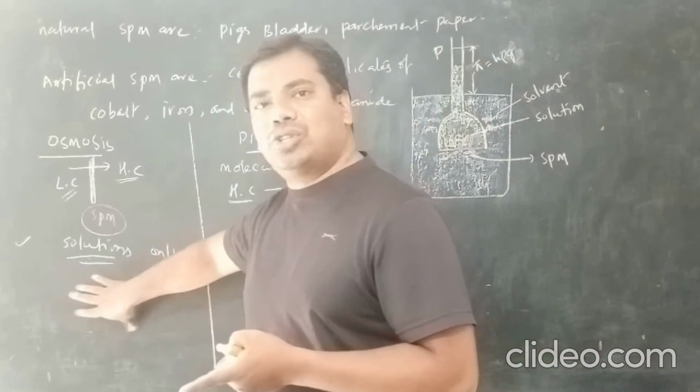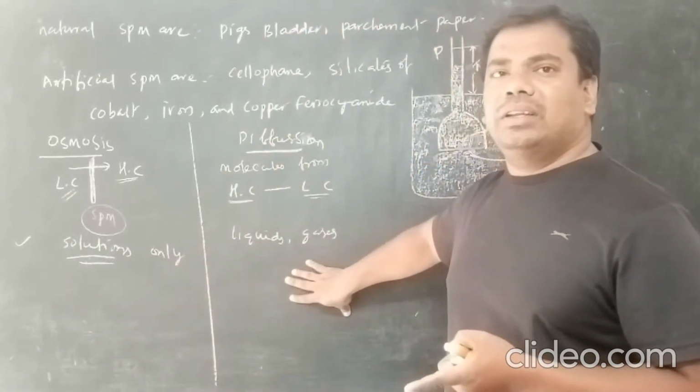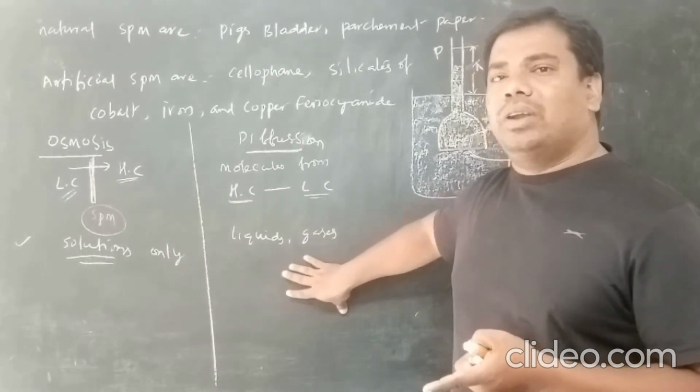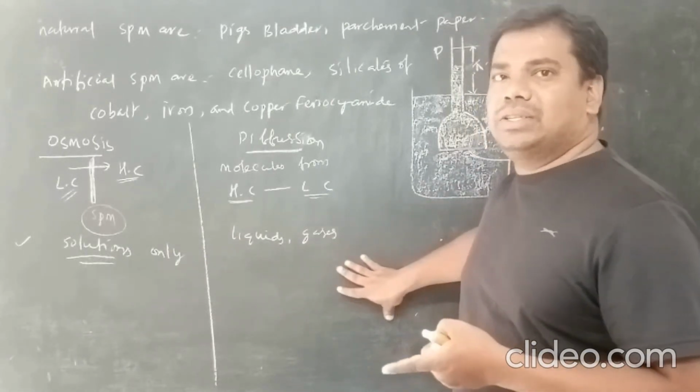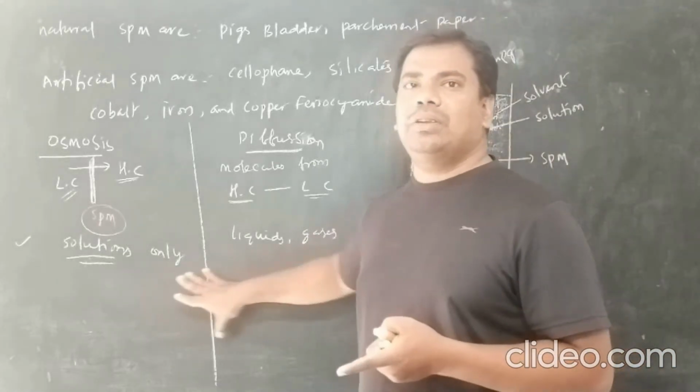We can stop or reverse the osmosis process, but diffusion can neither be stopped nor reversed. So that is the difference between osmosis and diffusion process.